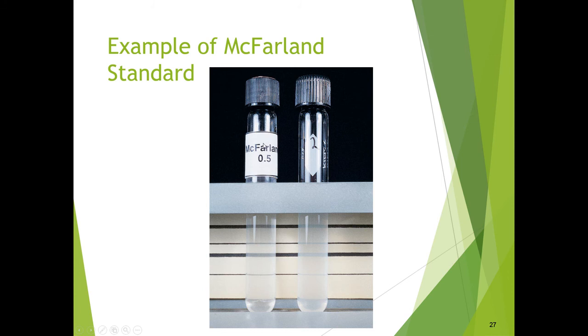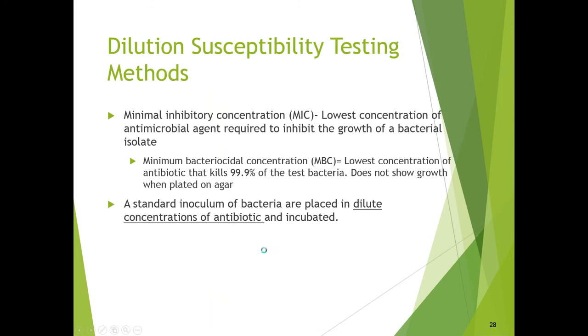This is the 0.5 McFarland standard, and this is a 2 McFarland standard. When we suspend our inoculum in some saline or broth, we want it to match the 0.5 standard. Notice the 2 McFarland is a lot heavier than the 0.5, so we want a very light, hazy suspension of our inoculum.